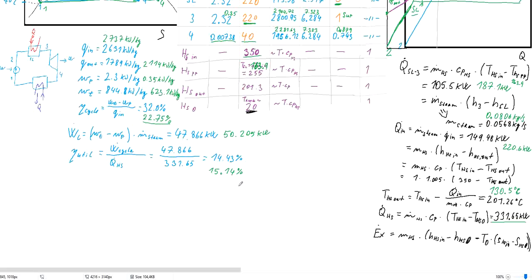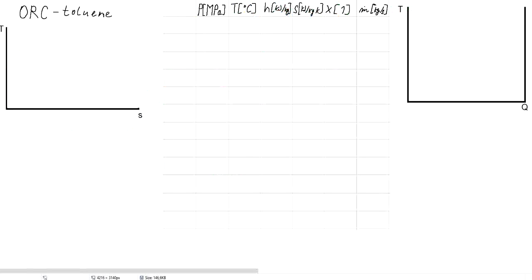Okay, so this was the regular Rankine cycle with the steam and with the water, and now we will have a look at the cycles with the organic working fluids. So now we will continue with the organic Rankine cycle using the working fluid Toluene.